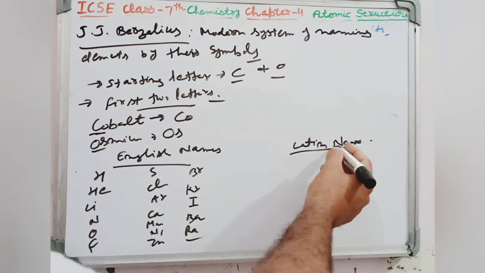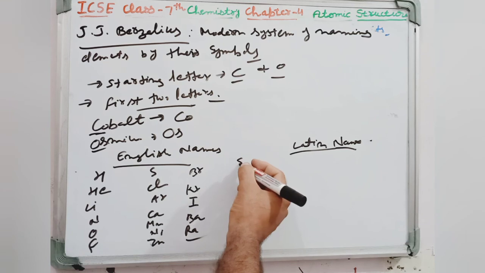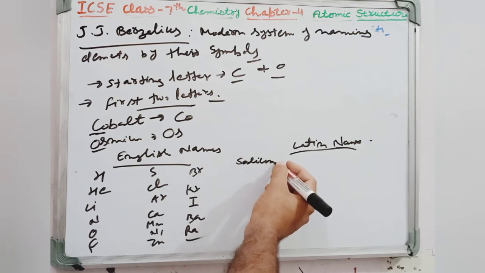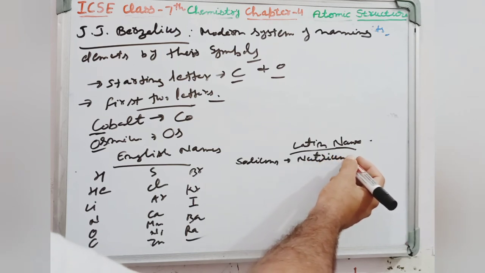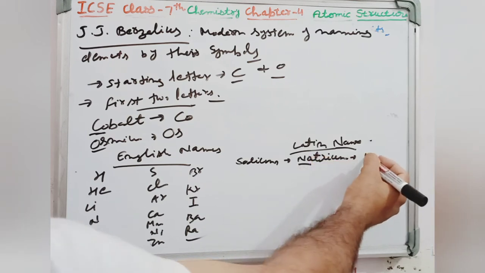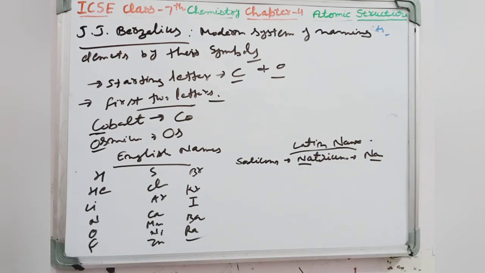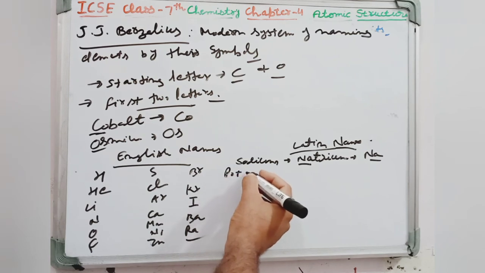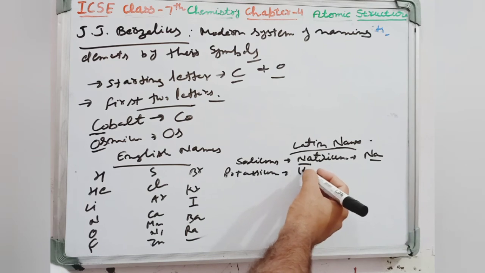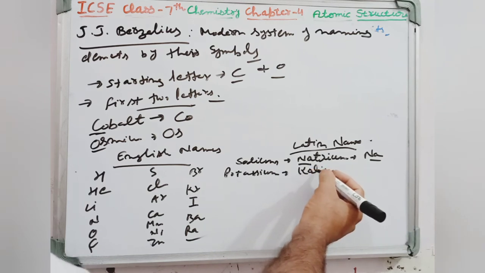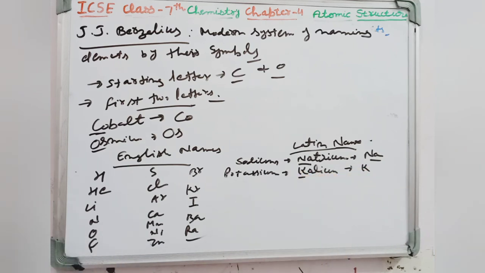From Latin names, like sodium. The Latin name of sodium is natrium. We use Na as its symbol. Right? Potassium, K, kalium. Potassium, K, the first letter of kalium. These are easy to learn. Some are difficult because you have to learn their Latin names also.